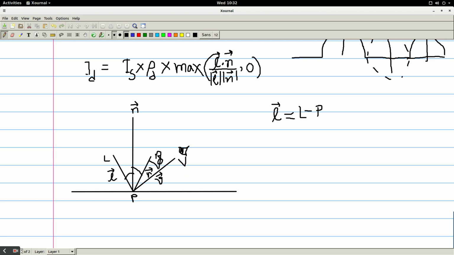Do we know the N vector? L minus P is this L vector. That's easy to compute. We know the light source, we also know the point, so we can find out the vector. Do we know the N vector? Yes, we know that because it's on a surface.